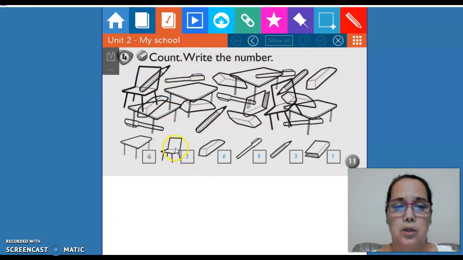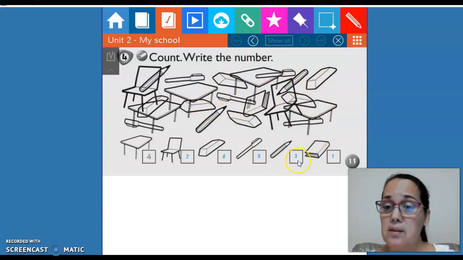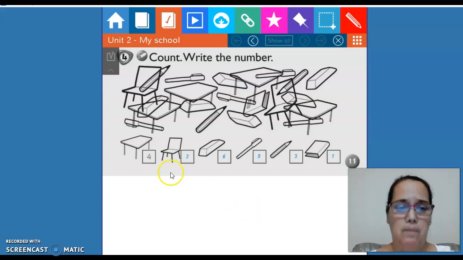Yes, 2 chairs. How many erasers? 6 erasers. How many pens? 5 pens. How many pencils? 3 pencils. And how many books? 1 book. Very good.